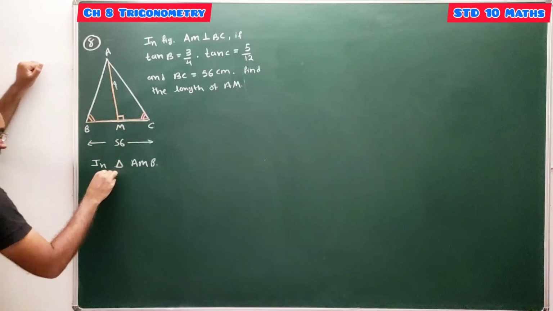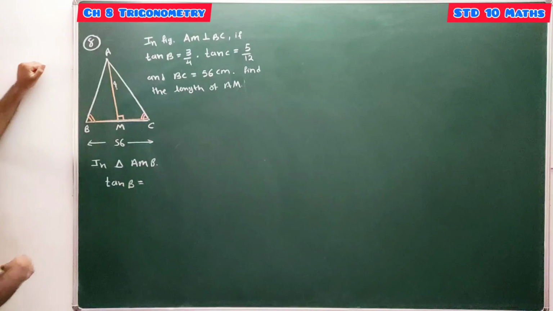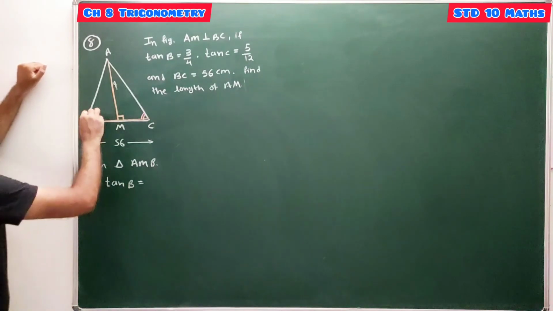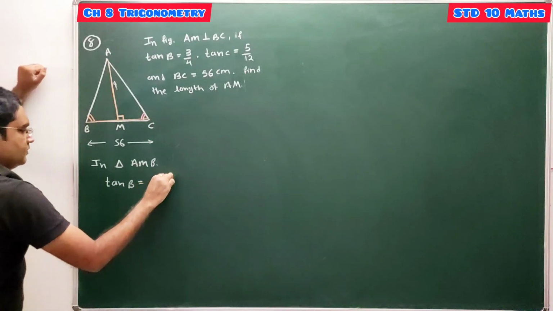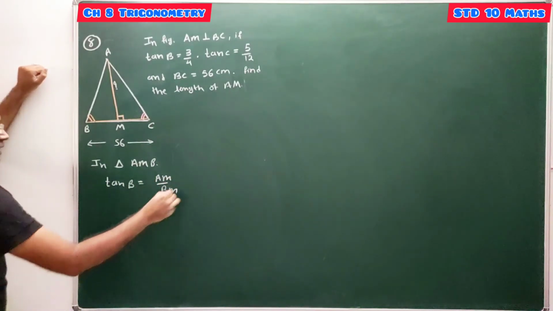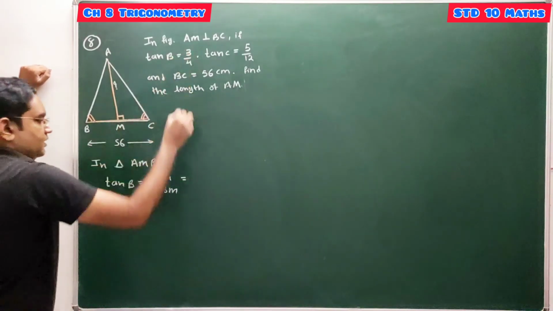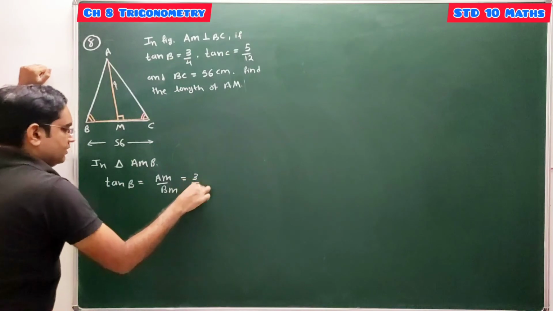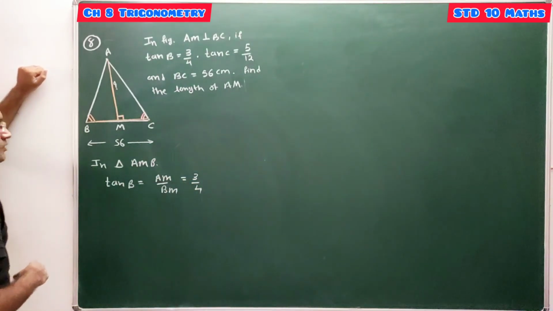So tan B, the definition of tan B is opposite side by adjacent side. So it's AM upon BM, and the value of tan B is given. So what is the value of tan B? It's 3 by 4. So here AM upon BM equal to 3 by 4.